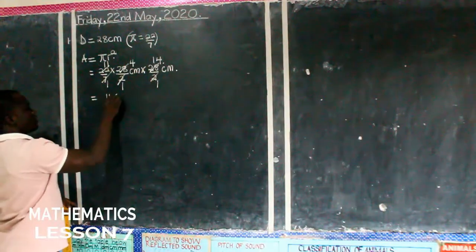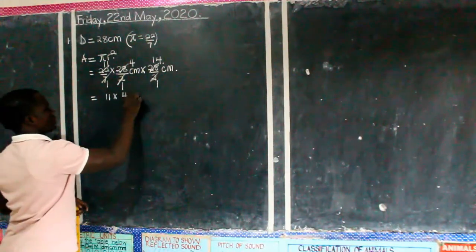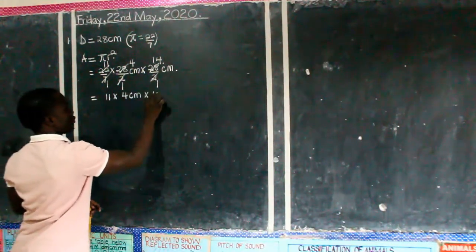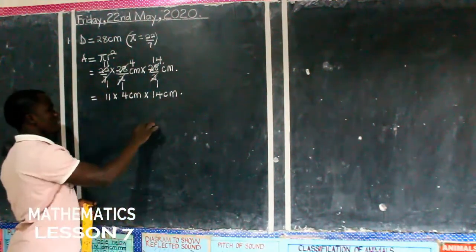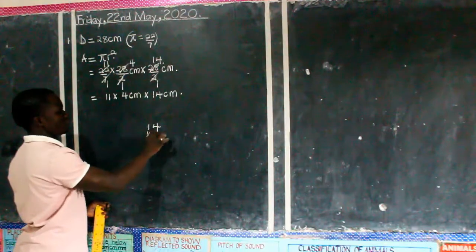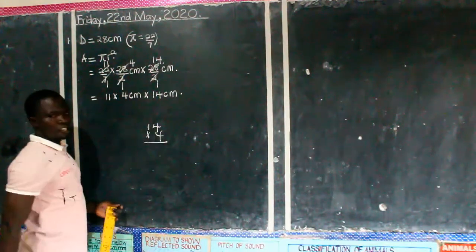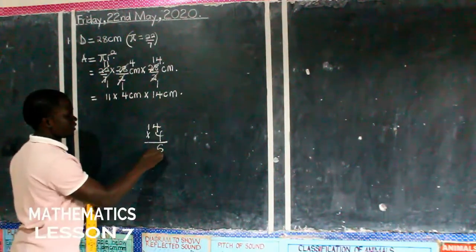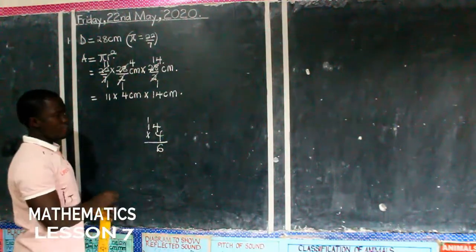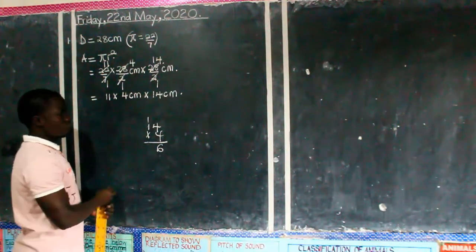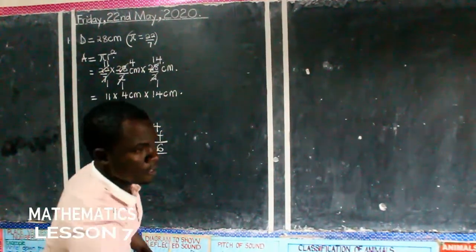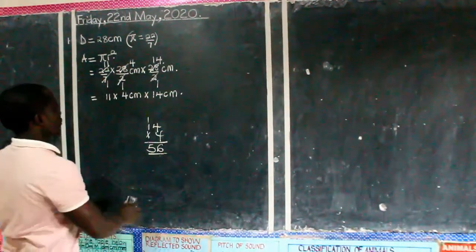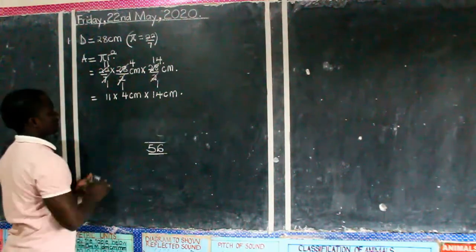Area equals 11 times 4 centimeters times 14 centimeters. Let's multiply. 14 times 4. What do you get? 4 times 4 is 16. Write 6 and carry 1. 4 times 1 is 4 plus 1 is 5. Okay? This is now 56.